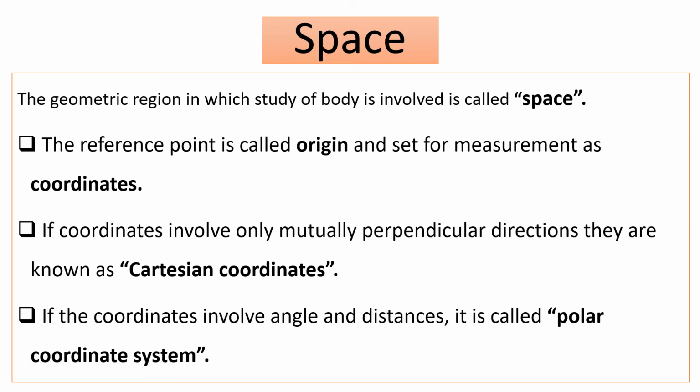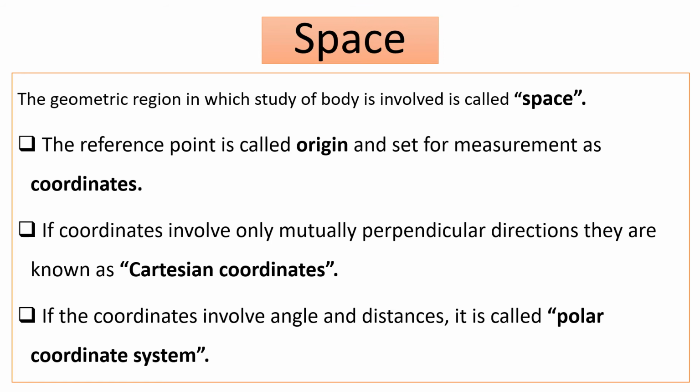There are different kinds of coordinate systems. There are three kinds: the first is the Cartesian coordinate system, the second is the polar coordinate system, and the third is the spherical coordinate system.